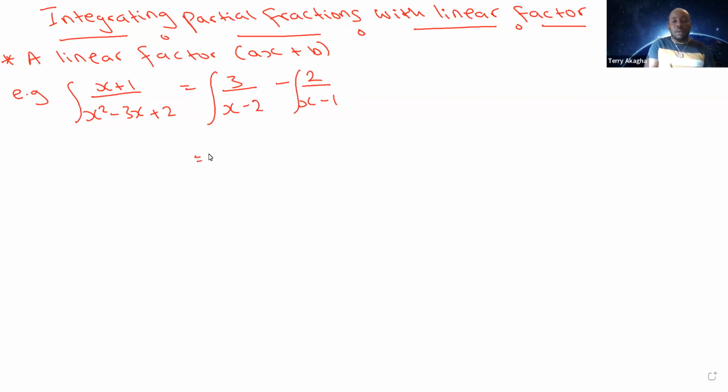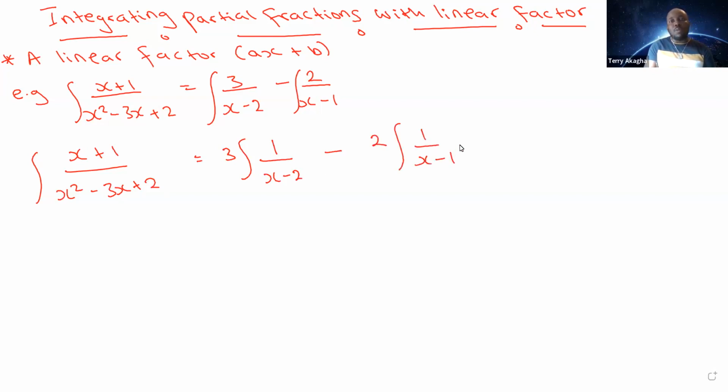Applying the same rule, we're integrating (x plus 1) divided by (x squared minus 3x plus 2). We bring the 3 out, and it's 1 over x minus 2, minus, we bring the 2 out, 1 over x minus 1.